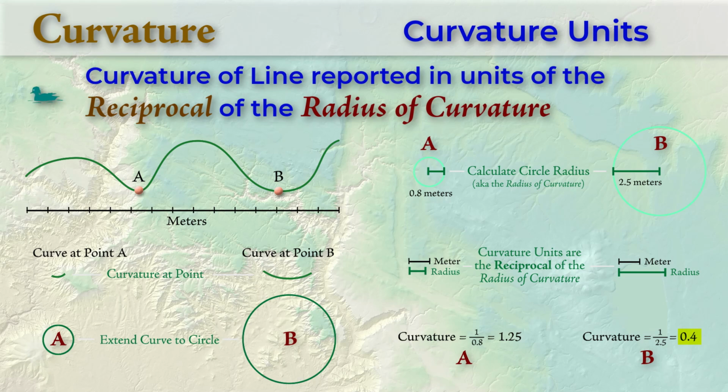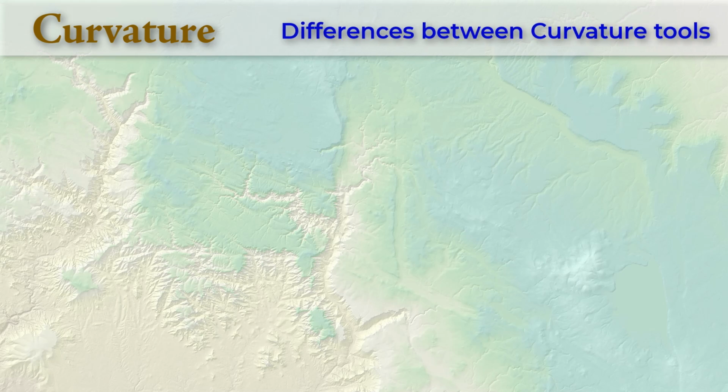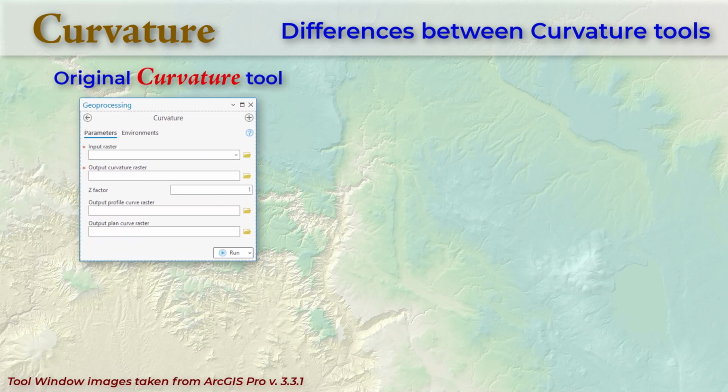Now, another quick word of warning regarding the two curvature tools available in ArcGIS Pro. Because landscape curvature values calculated from coarse DEMs, and by this I mean like 30-meter resolution or larger, tend to be very close to 0, the original version of the tool would multiply the final curvature values by 100.